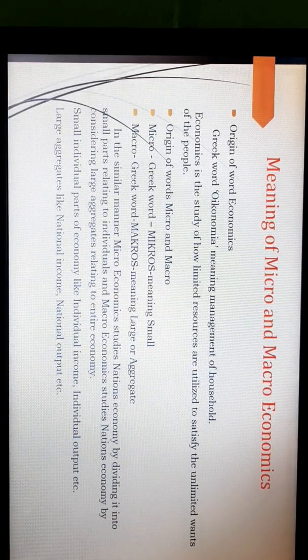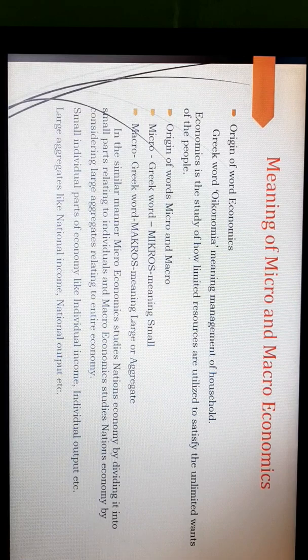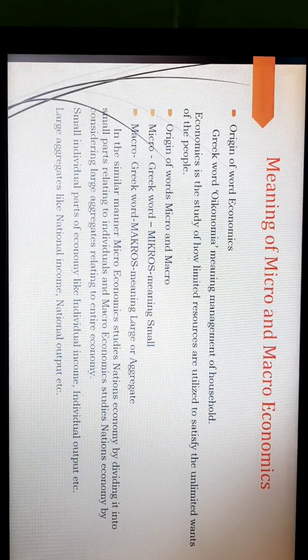Okay. So what economics is? To understand the meaning of economics, we will have to first go towards its origin. So when we talk about the origin of the word economics, it's having its origin in the Greek word called oikonomia, the meaning of which is nothing but management of household. Now what household means, or what management of household means?